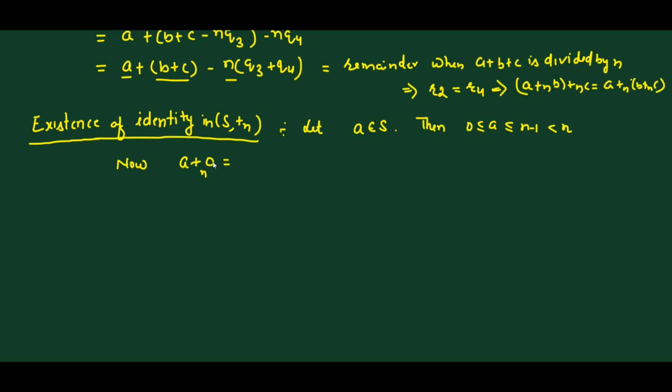So combine A with 0 with respect to this operation, then this is the remainder when A plus 0 is divided by n.